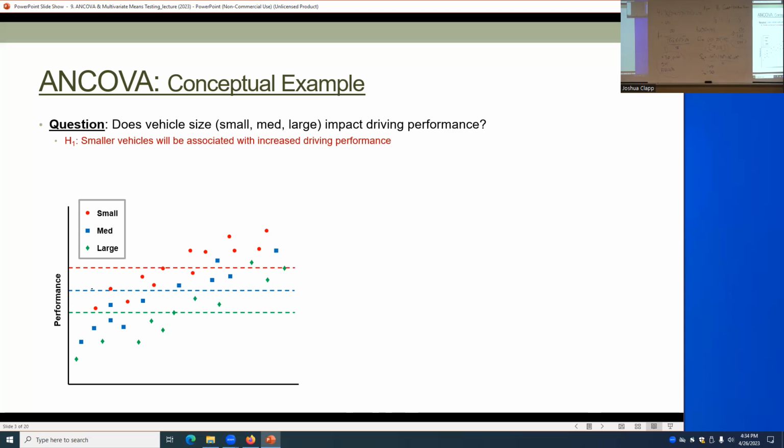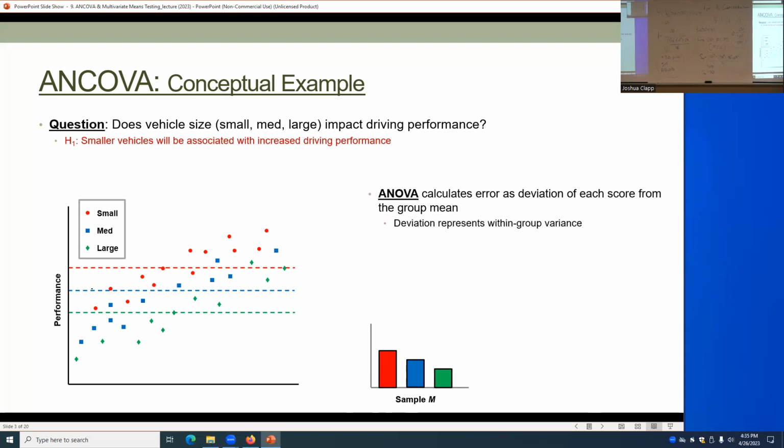So if we're just taking a look at this, we're saying, okay, we are seeing evidence for my hypothesis that as my car size decreases, performance increases, right? So we're looking at some mean level differences. And if we were to plot these out, this is kind of what we might get, right? Performance is greater in my small car, then my medium car, and then here's my large car at the bottom. We're kind of following the example.